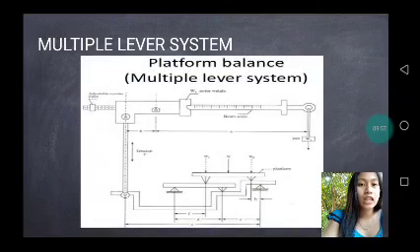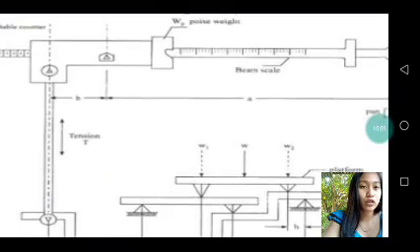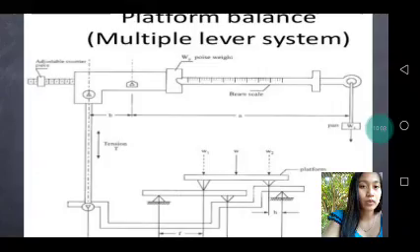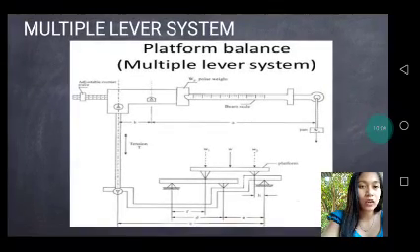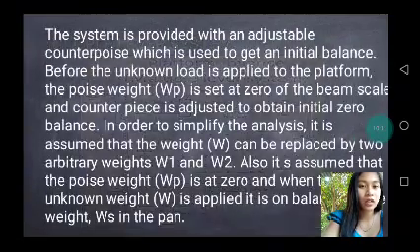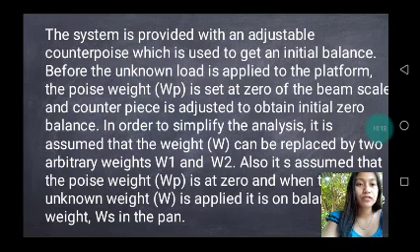Then the multiple lever systems. The system is provided with an adjustable counterpoise which is used to get an initial balance before the unknown load is applied to the platform.